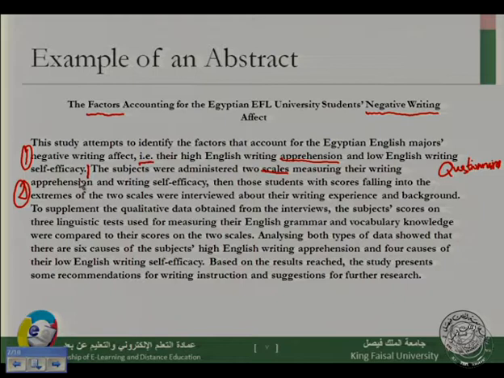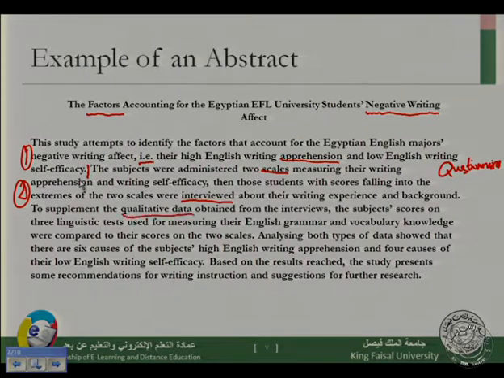Then those students with the scores falling into the extremes of these two scales were interviewed. So again, he used interviews, so questionnaires and interviews. This is very informative. He's trying to inform us about all the steps, summarizing all the steps in his research in just, you see, one page. Interviewed about their writing experience and background to supplement the qualitative data.